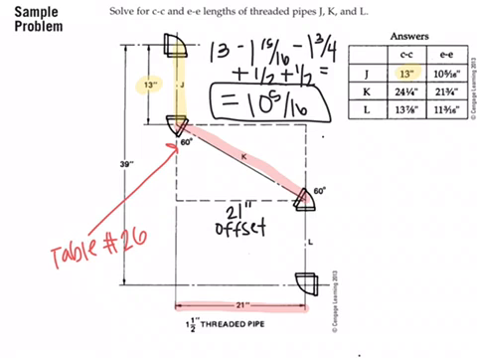So, to find my diagonal, I am supposed to take my offset, which is 21, and I'm supposed to times it by the constant, 1.155. Now, that is similar to the 1.414, but we are using 1.155 because we have a 60-degree angle. After plugging that into my calculator, I am getting 24.255.